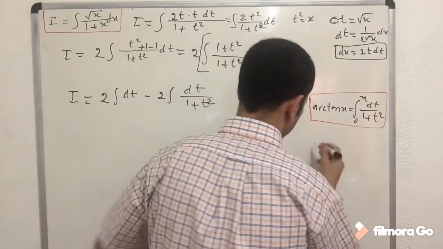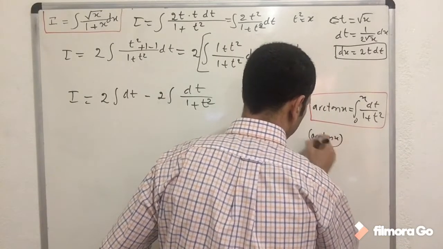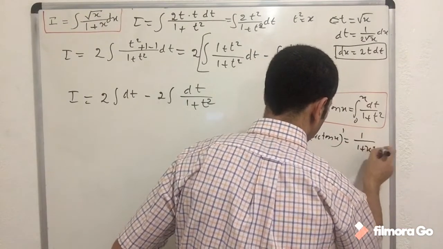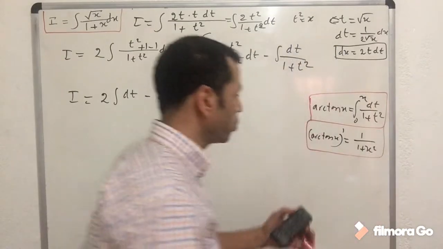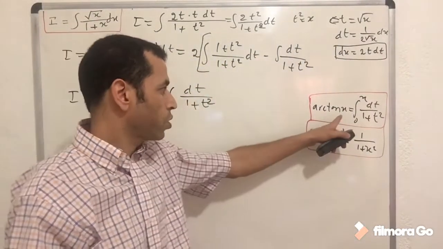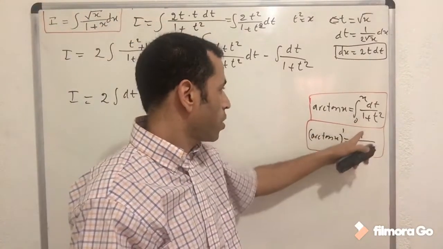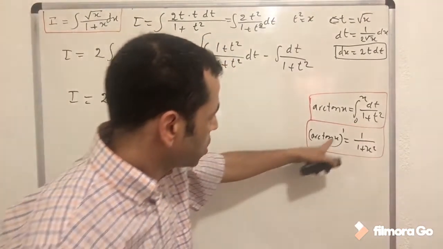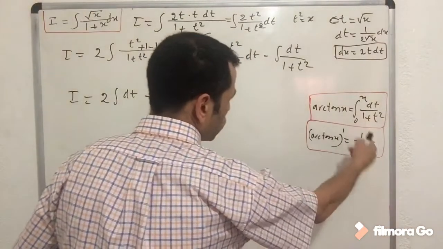If we differentiate arctangent, it gives you 1 over 1 plus x squared. So you have to know the connection between the primitive and the derivative function. If you want to go back to the arctangent of x, you should integrate.